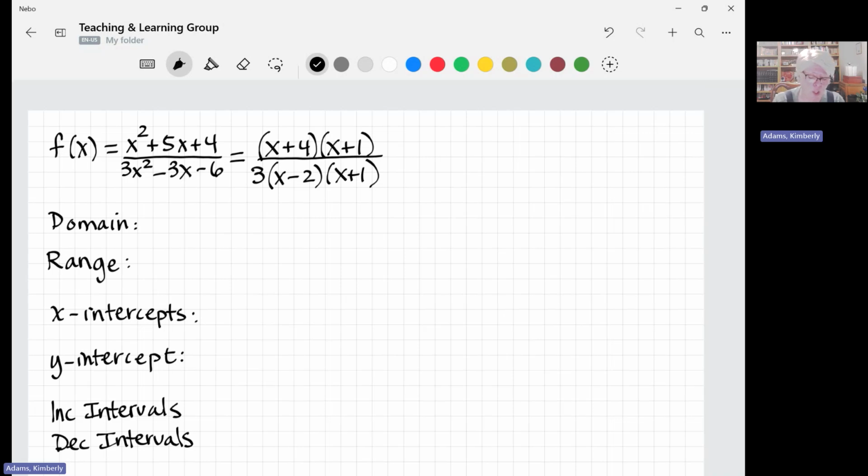What I should notice is that x plus 1 is common to the numerator and the denominator, which means it's going to be a removable discontinuity at the point where x equals -1.